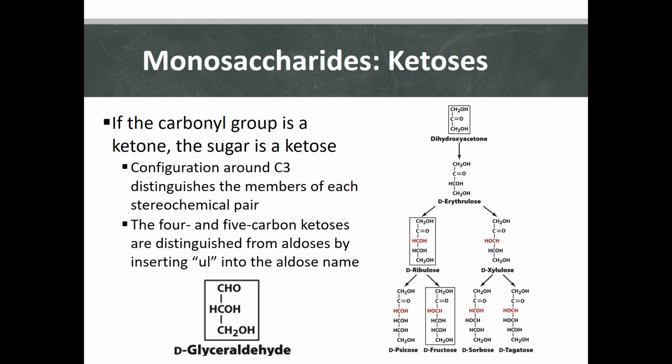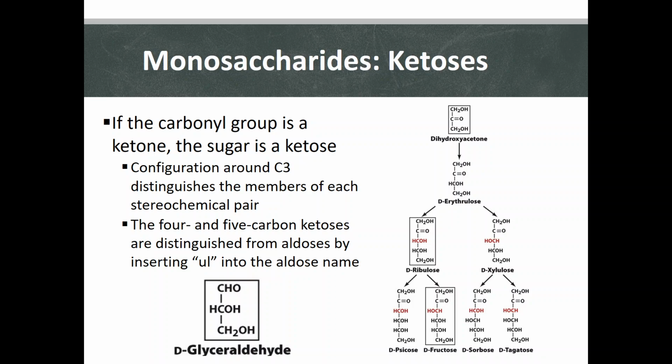Everything that I just told you for the aldoses can be readily translated over into the ketoses. The difference is, instead of starting with glyceraldehyde, we're going to start with dihydroxyacetone. Now, same sort of story. Glyceraldehyde is a 3-carbon aldose, so an aldotriose. Dihydroxyacetone is a 3-carbon ketose, or a ketotriose.